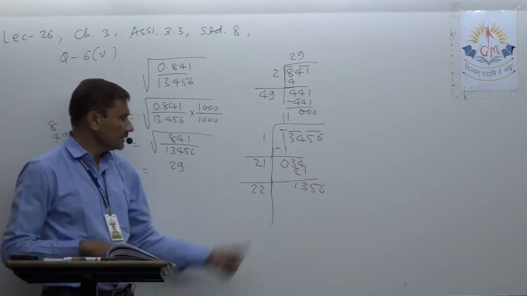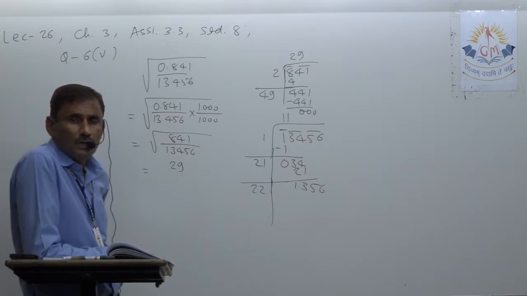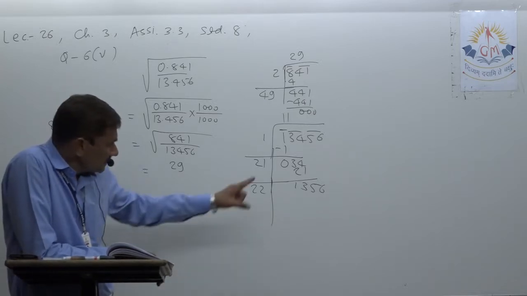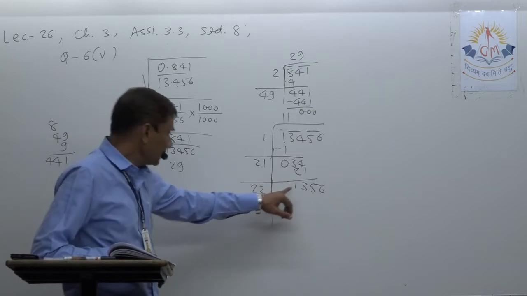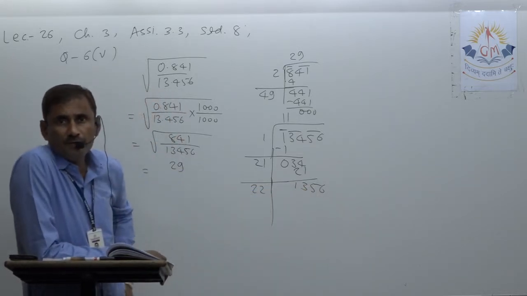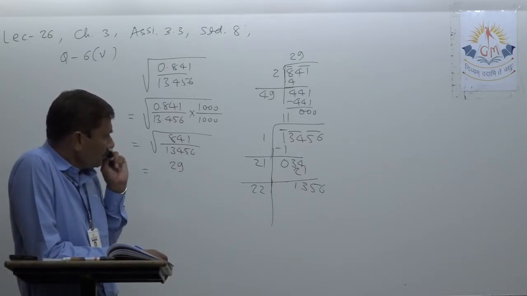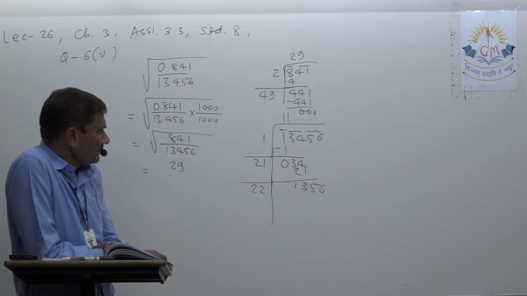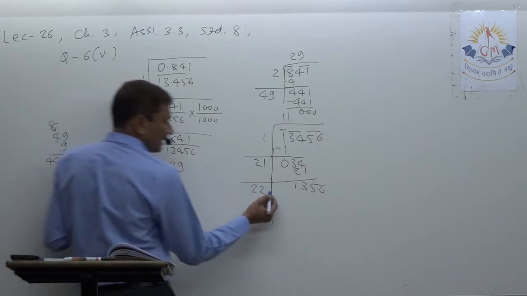So now you should think here either 221 into 1, 222 into 2, but you can understand the last digit is 6. So here either 4 or 6. If the last digit is 6, then either 4 or 6 will be there. So try directly 224 into 4, but it is quite less. So I went to 226 into 6 first of all, because I have a doubt whether it is 4 or 6.